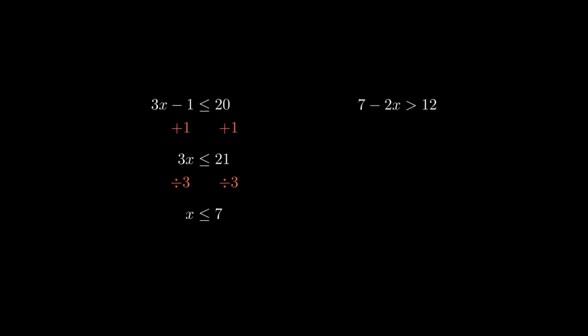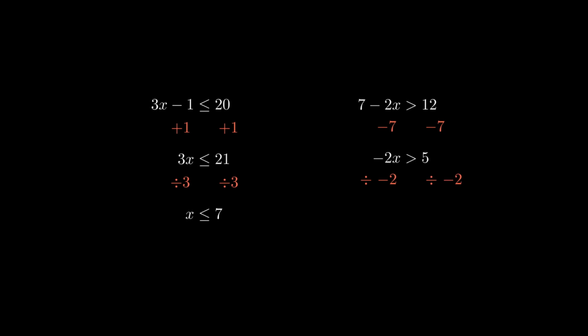Again, our first move is just as if it were an equation. We could take away the 7 from both sides. But once again, subtracting a number from both sides will not mess with the inequality. So we just have negative 2x is greater than 5. But our final step would be to divide both sides by -2.